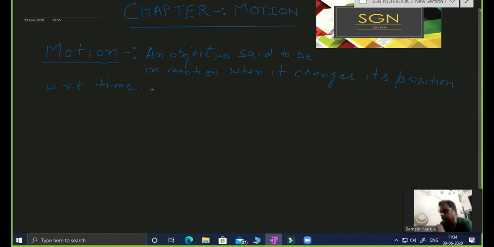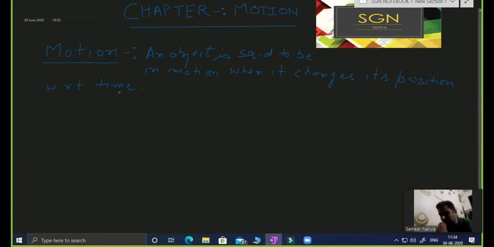Now, how can you say that something is in motion? For example, you are standing on a railway platform, at a stationary position, and all of a sudden a train comes and crosses the platform. You are stationary.